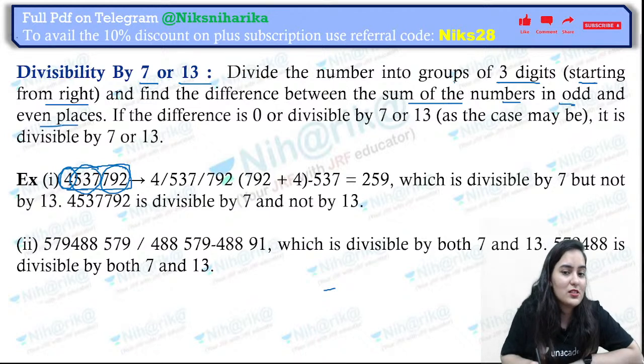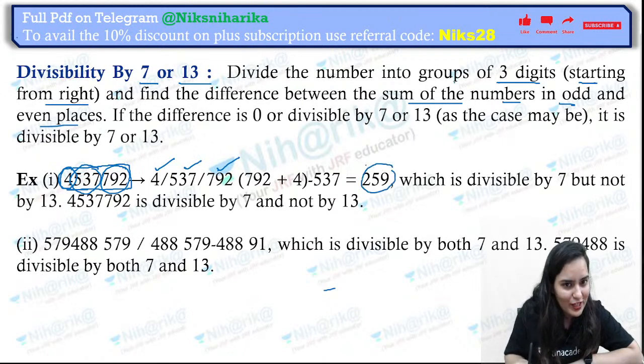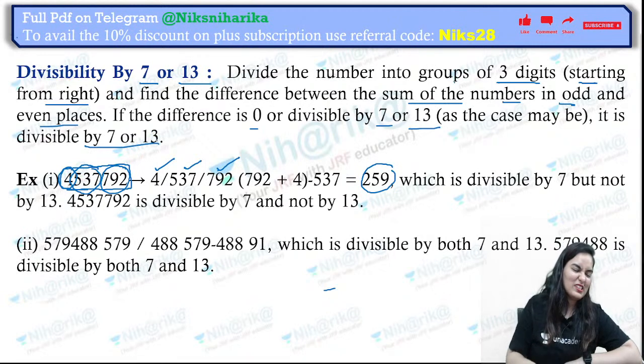This is a little bit tricky. We have to take this plus this, and minus this. If the difference is 0 or is divisible by 7 or 13 as the case may be, the number is divisible by 7 or 13. Little bit tricky, but okay.